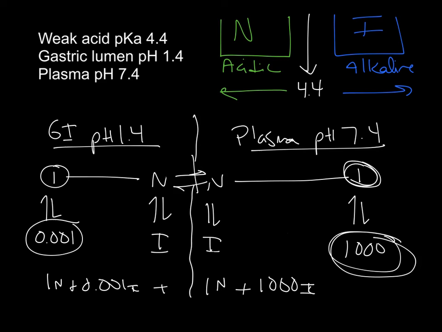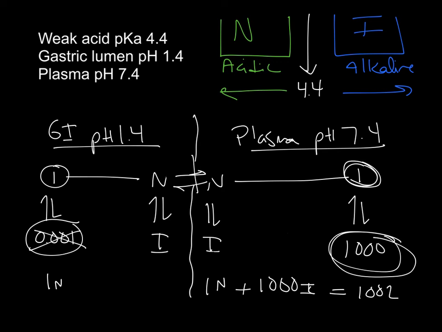Now realistically, this 0.001 is pretty negligible. It's not really contributing much. So most of our particles at any given moment in time are distributed between these 3 states. And so we're really dealing with a total number of particles of 1,002.